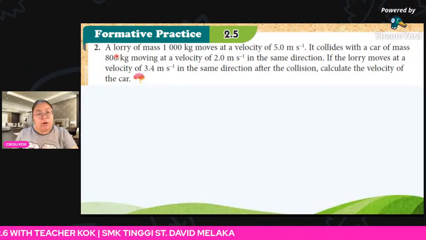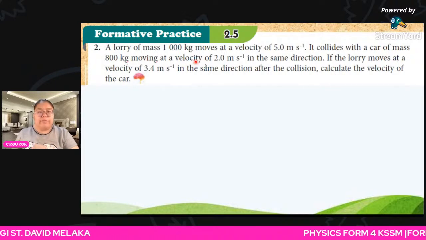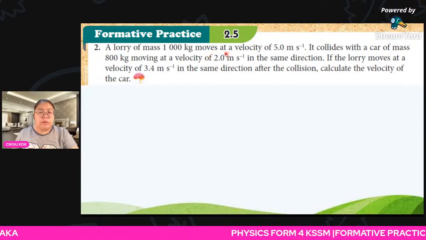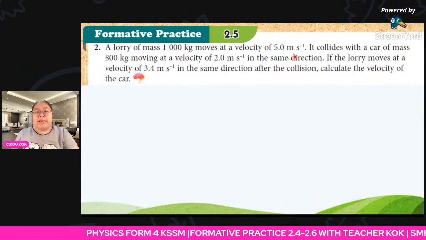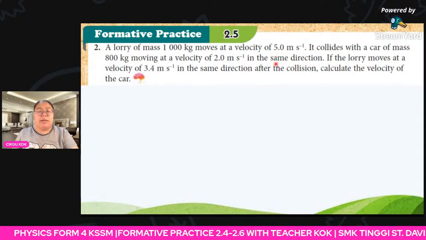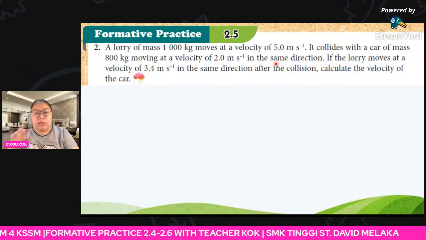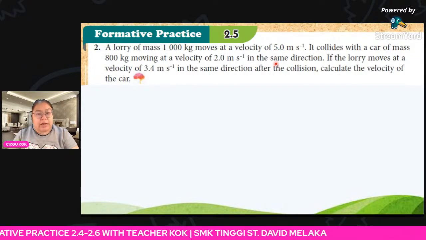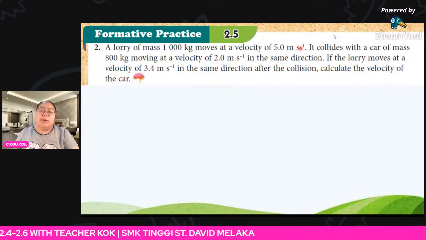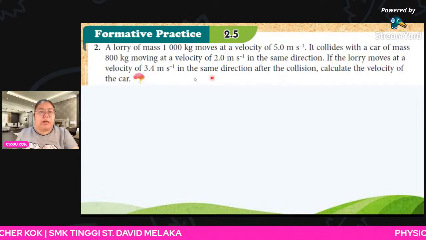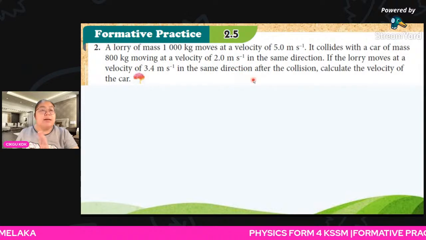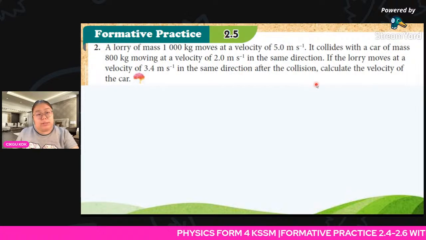So now you got the lorry, then you got the car. The car is another mass, moving with the velocity 2. So this one is the initial velocity for the car, in the same direction. Same direction means we put the velocity as positive. Now the lorry moves at the velocity 3.4 in the same direction after collision.